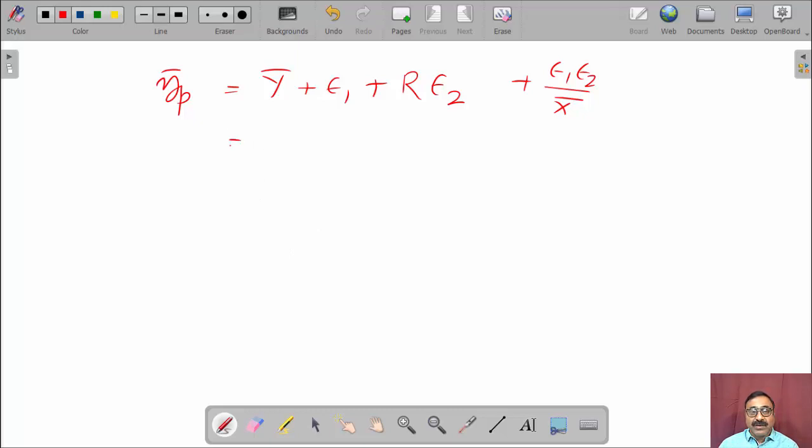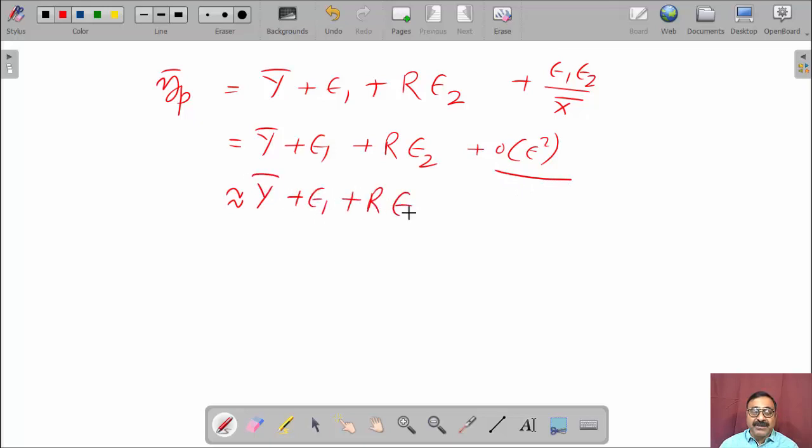Now this is equal to y bar plus epsilon 1 plus r epsilon 2 plus order of epsilon square. Neglecting the order of epsilon square, this is approximately equal to y bar plus epsilon 1 plus r epsilon 2. So yp bar minus y bar equals epsilon 1 plus r epsilon 2, considering up to order of epsilon only and neglecting order of epsilon square.